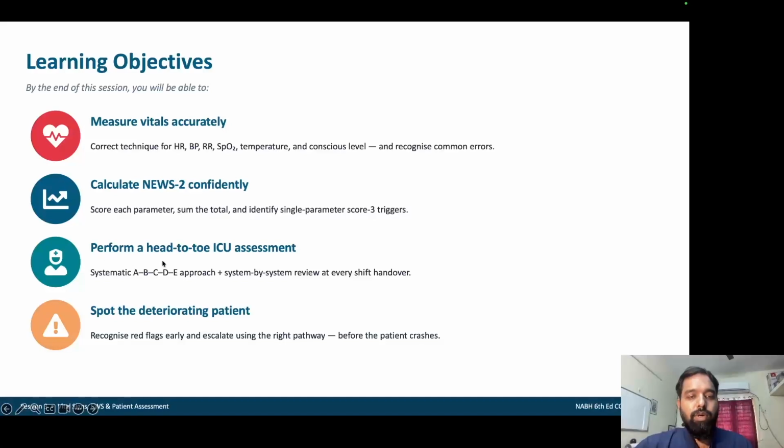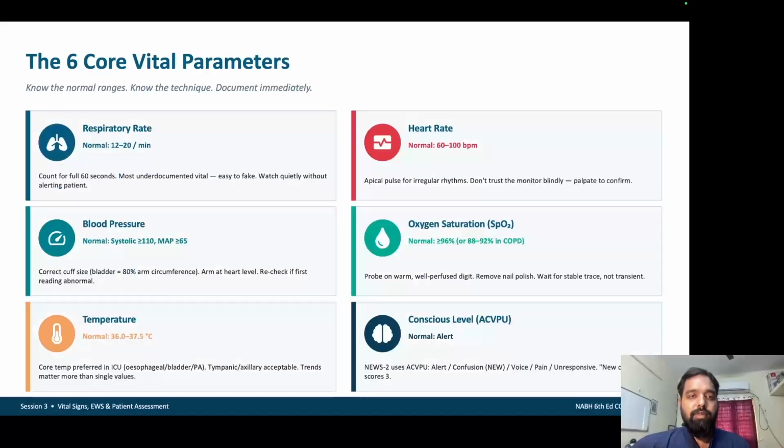Perform a head-to-toe assessment of patients, which involves the A, B, C, D, E approach plus a system-by-system review at every shift handover. And spot the deteriorating patient, identifying the early warning signs and escalating to the right authority before the patient crashes, to save the patient's life.